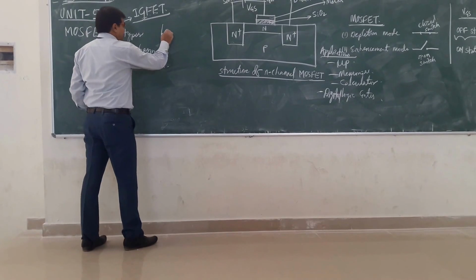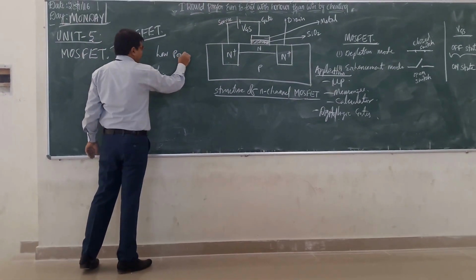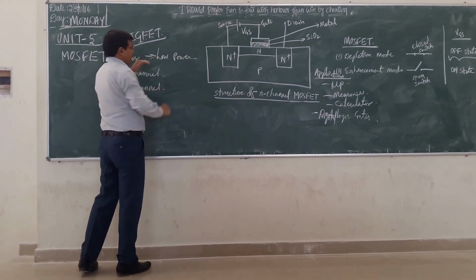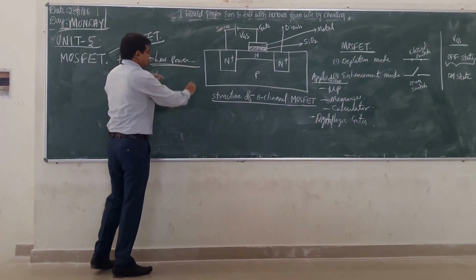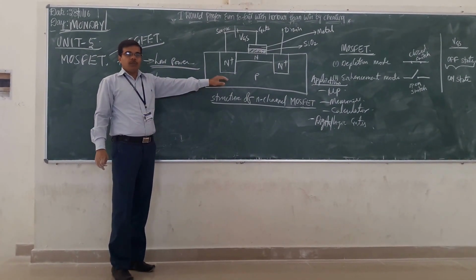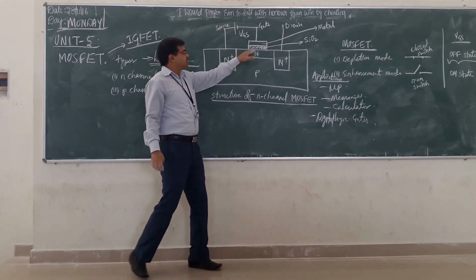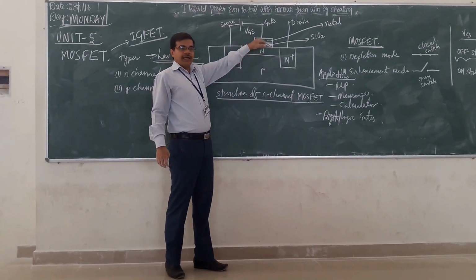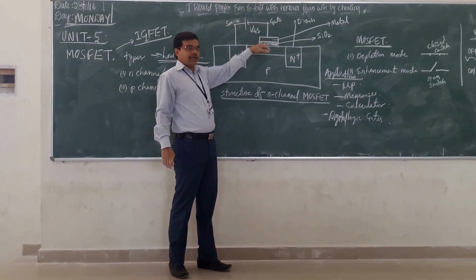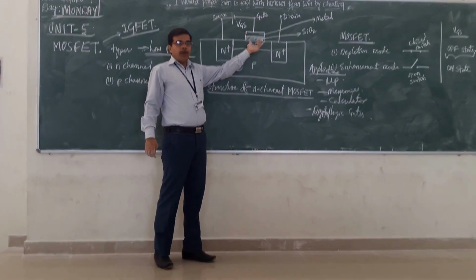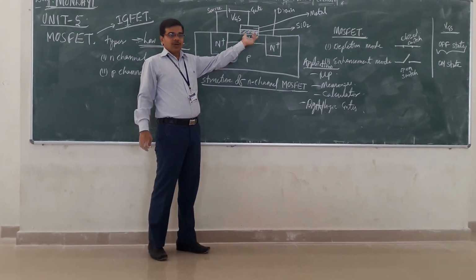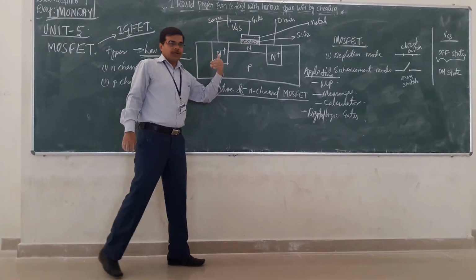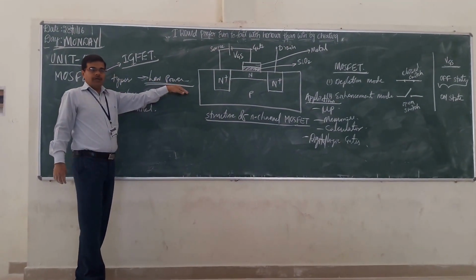So the requirement here is low power. This is the main reason for going for your MOSFET. As you have the insulated gate, the power requirement will be less, so you will have a much lower power requirement.